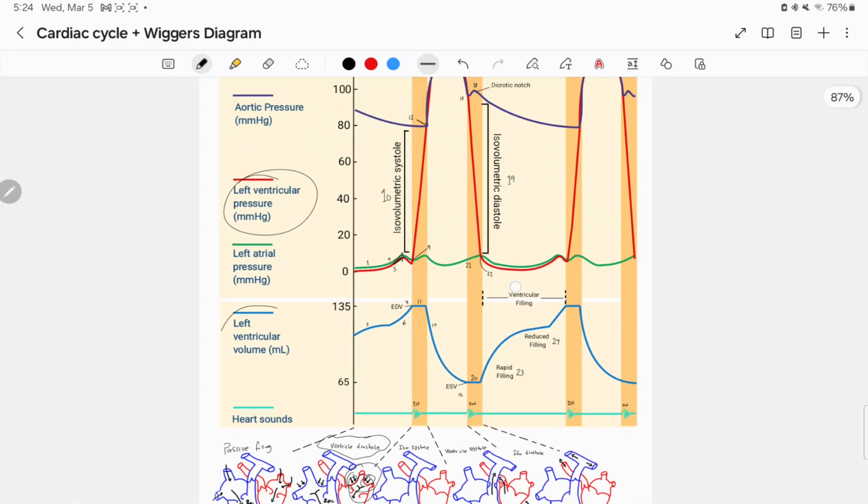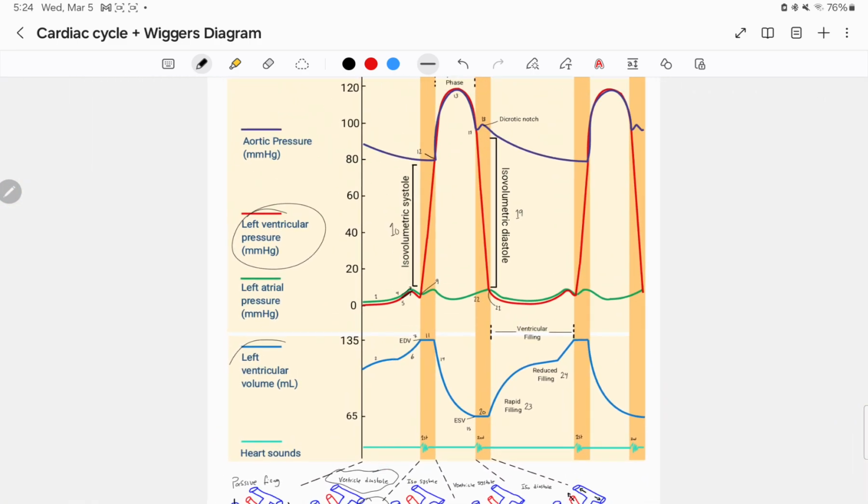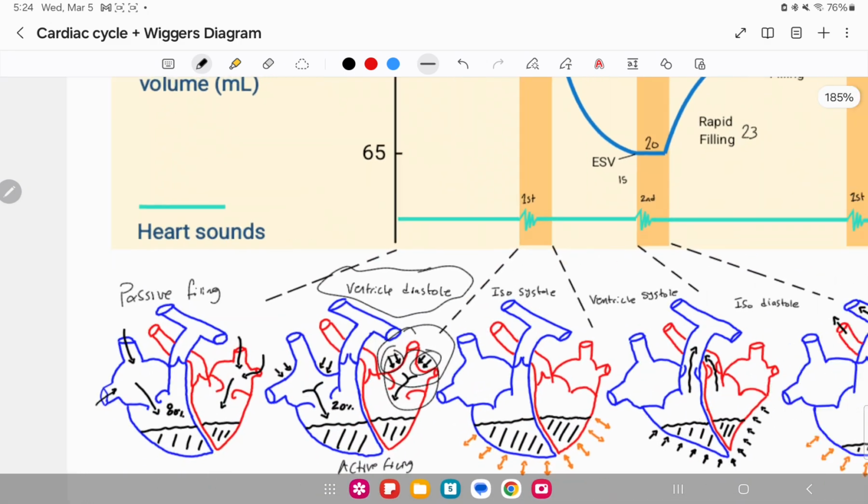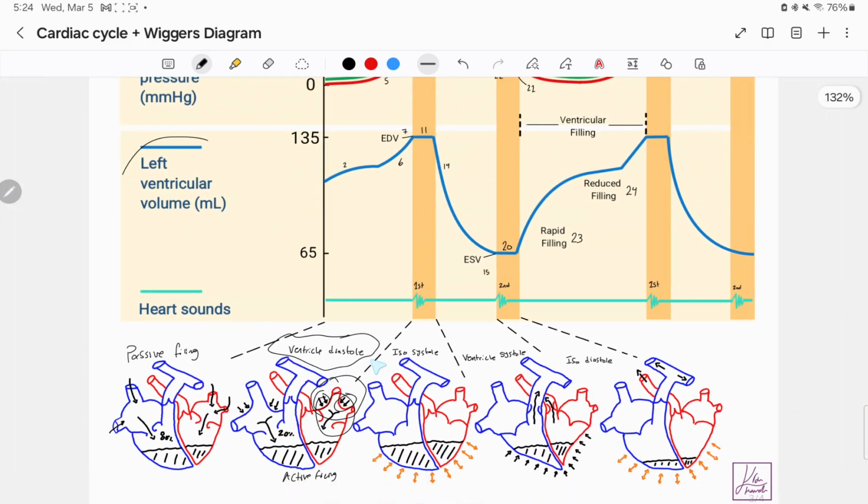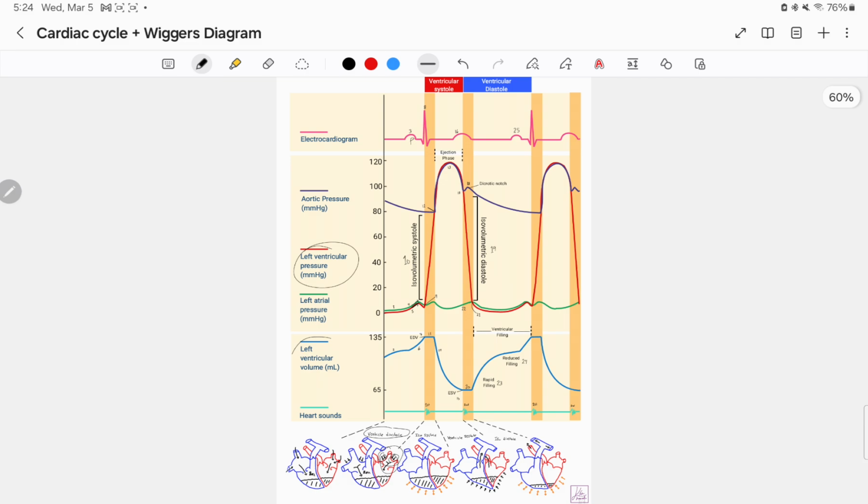Now, we went through steps 1 to 7 already. So which phase of the cardiac cycle does phase 1 to 7 track with? Well, we know that it tracks with the ventricular diastole phase. Because look, I even drew it out for you guys.